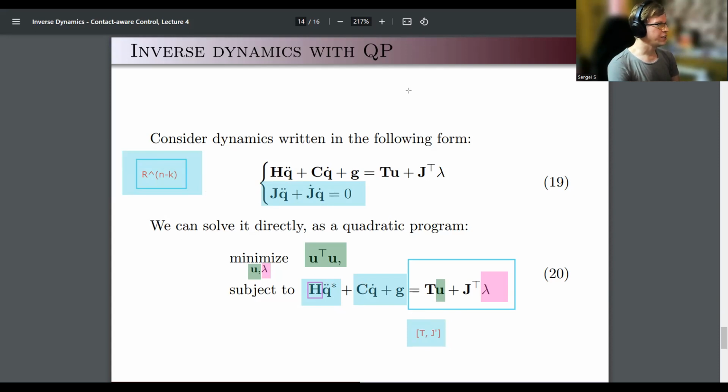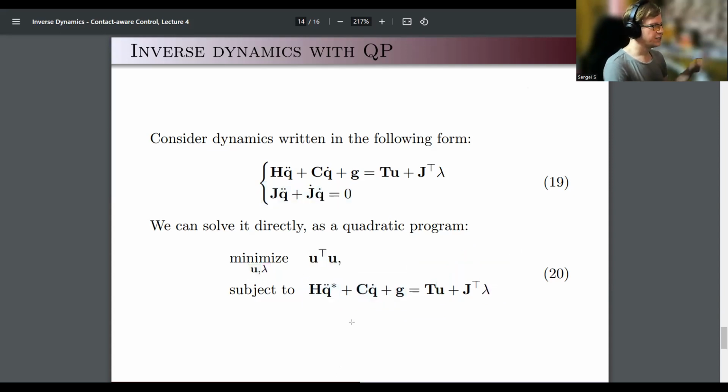If there is a one-to-one correspondence between an acceleration here and u and lambda here, then it is fully actuated, period. If there is one acceleration that corresponds to multiple different u's and lambdas, then it is overactuated, or overconstrained.